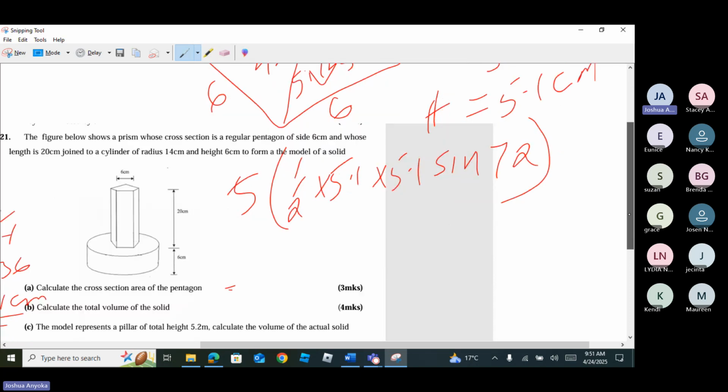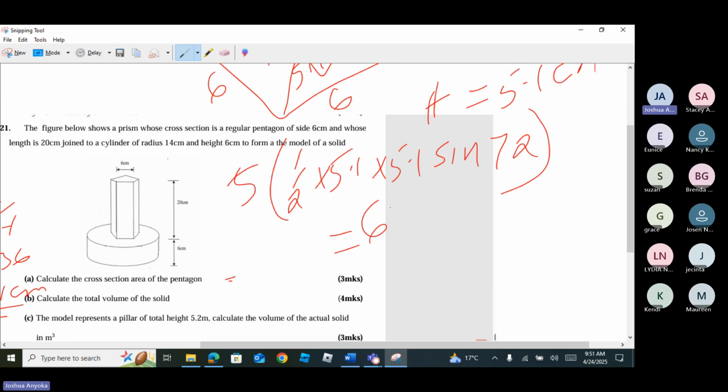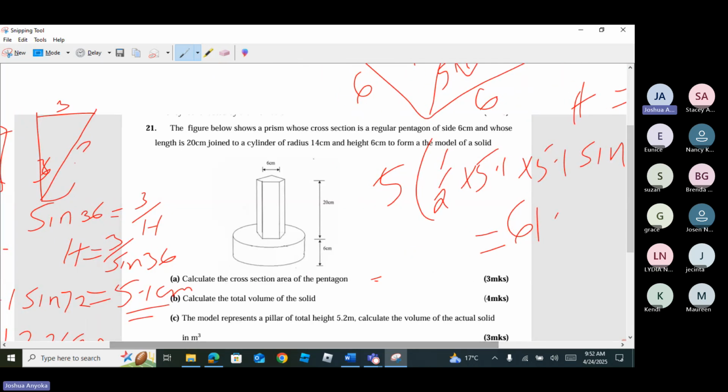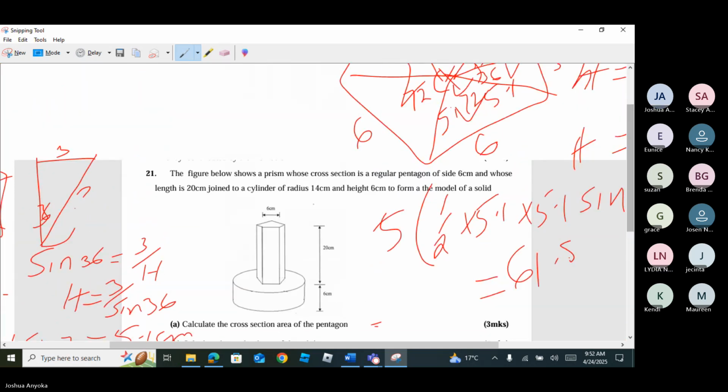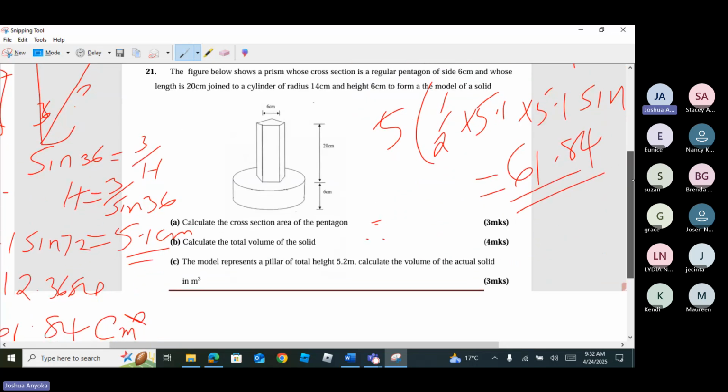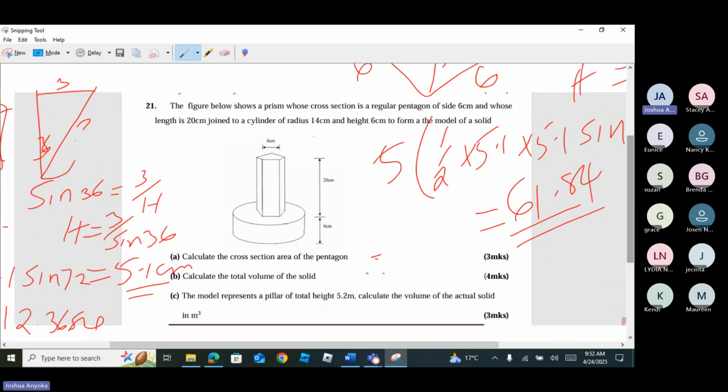And this gives us 61.84. Are we in agreement? Yes. Now I want you to attempt part B, which is saying calculate the total volume of the solid, the volume of this and the volume of the base. Then I'm waiting for the responses.